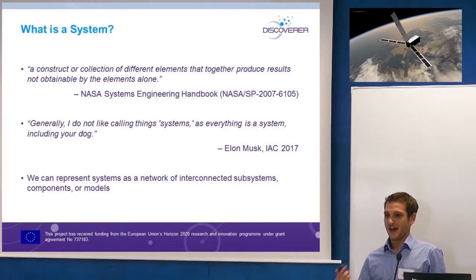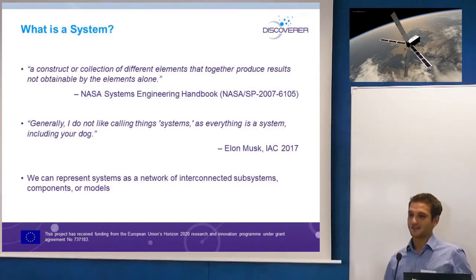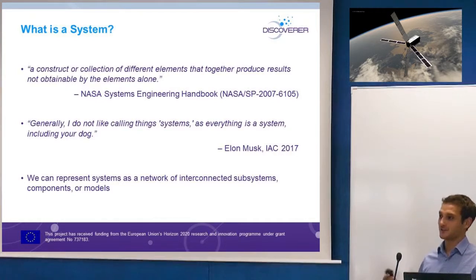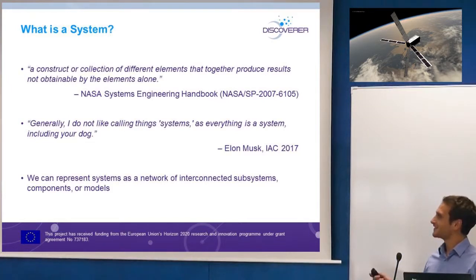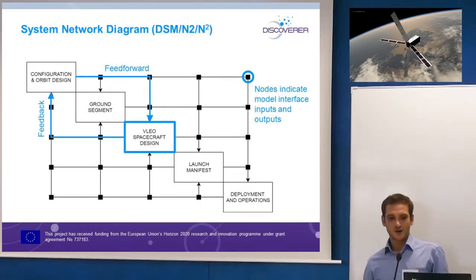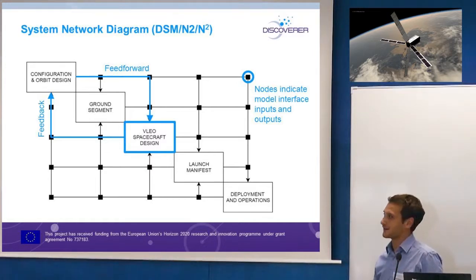But fundamentally, for what I'm trying to convey, is that we can represent systems as either a network of interconnected subsystems, or systems, or as components or models. And that's where modelling comes into this. So a representation of a system might come in a form like this.